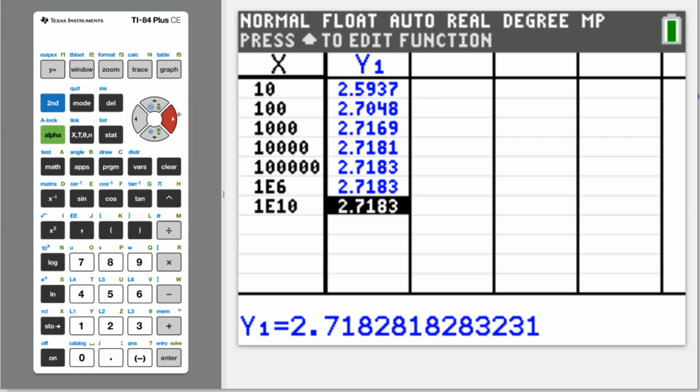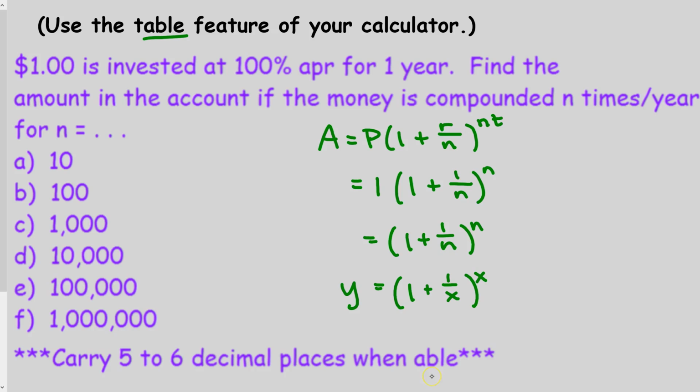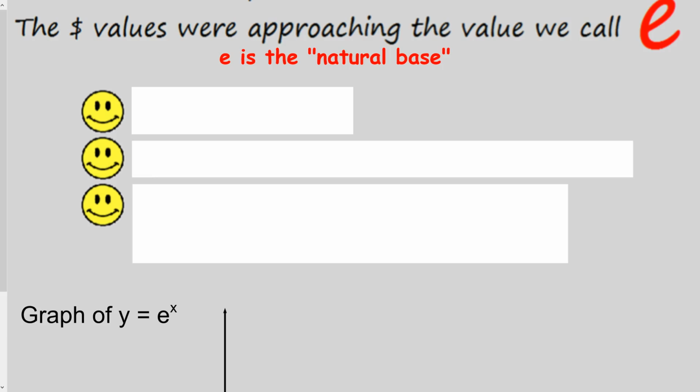It could be the growth of money, as we see here. It could be the growth of bacteria, the growth of a population, the decay of a radioactive substance, all kinds of things like that. And we will be doing more examples of that as we get to the end of our chapter. So what we have now is the number e, lowercase e. It's known as the natural base.